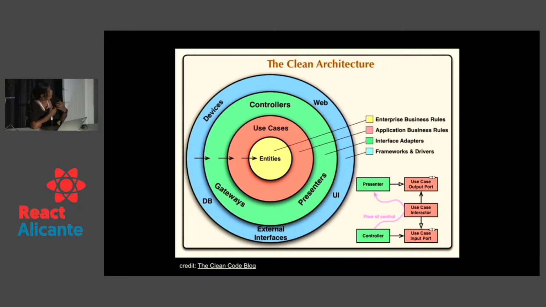Now, all these three layers are connected with each other with a rule called the dependency rule, where the outer layers can depend on the inner layers, but whatever changes we are doing in outer layers should not affect the inner layers. Like the domain or entities must be independent all the time. The application layer can depend on the domain layer, but changes won't affect the domain. And the same goes with the external infrastructure layer.